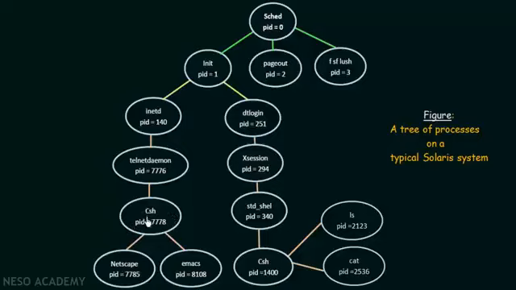So it created this shell process with PID 7778, and from here the user started two processes. One is the Netscape browser and then the Emacs editor. So Netscape is a browser, and the PID of this Netscape process is 7785, and also the user started an Emacs editor.